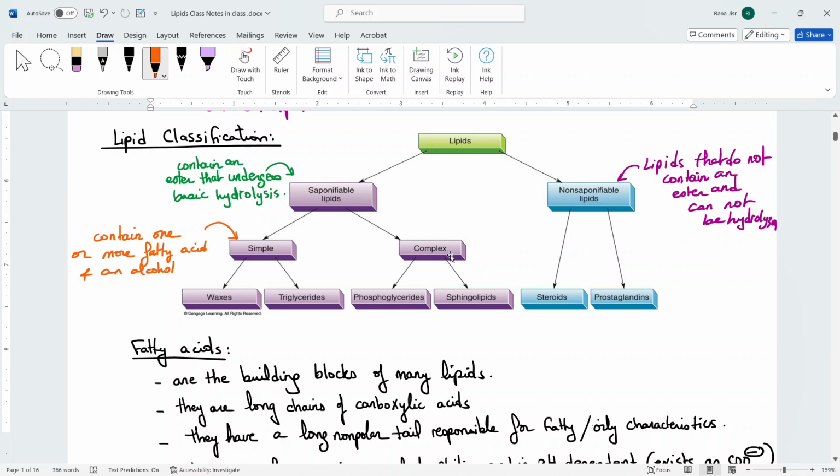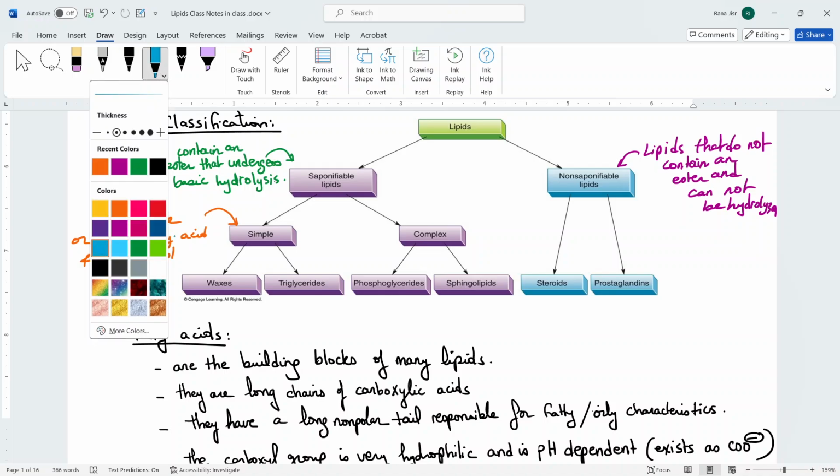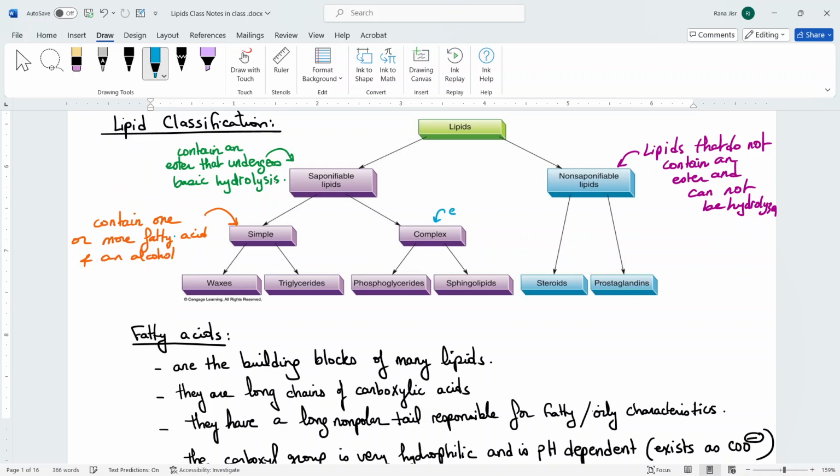Okay, the complex lipids, on the other hand, are ester containing lipids with more than two types of components.